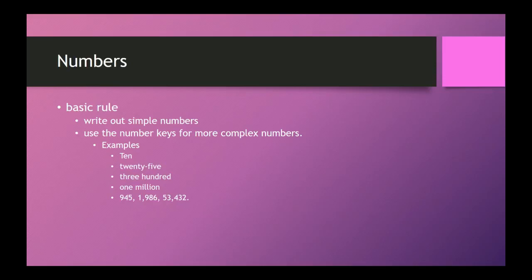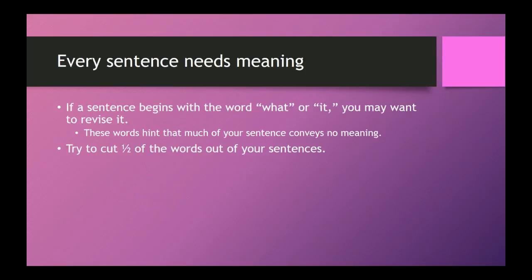The only time you would really need that level of specificity is if you are comparing something that's 53,432 and 53,596. Then that specificity matters. But if you're just in general terms using these numbers, round them, and if you can round them into a simple number, then write them out as words. You will never do wrong by writing it as a simple number and writing it out as words.